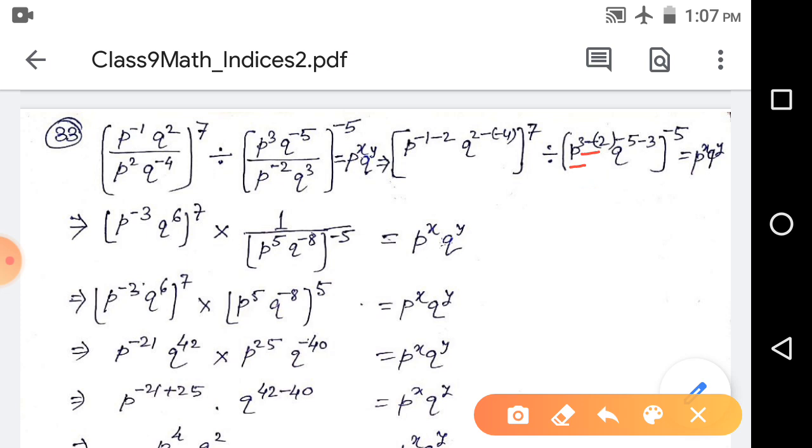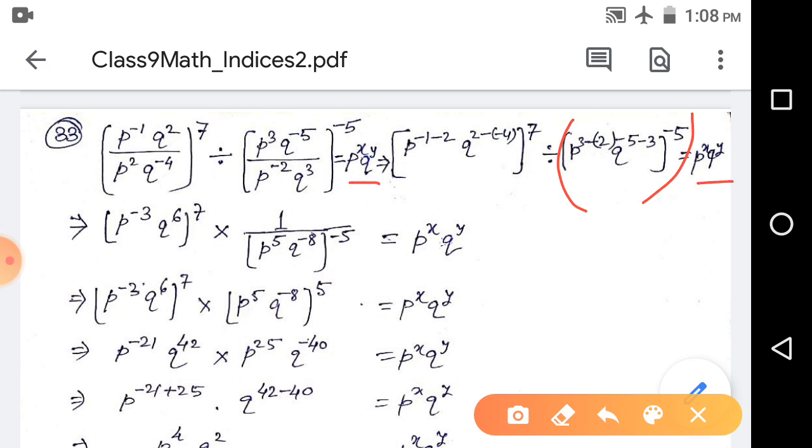Now for q, we have q to the power minus 5 and q to the power 3. As those are divided, the exponents are subtracted: q to the power minus 5 minus 3, which becomes q to the power minus 8. Because the division sign is converted into a multiplication sign, we take the complete reciprocal of this part, and the RHS is p to the power x q to the power y.